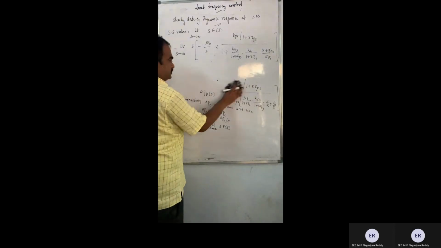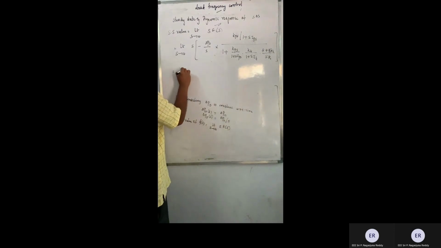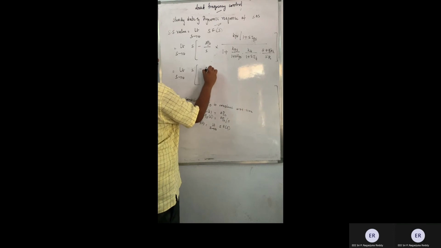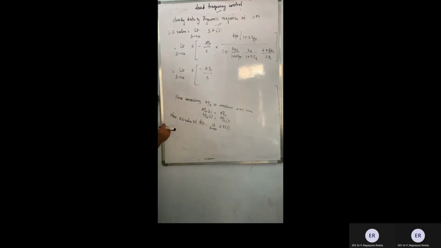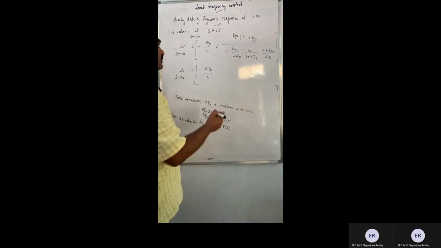So I'm going to take an LCM of this one. This is S minus PD of S, right? I'll take the LCM and I'll simplify this one.